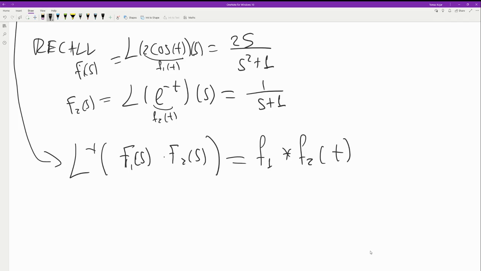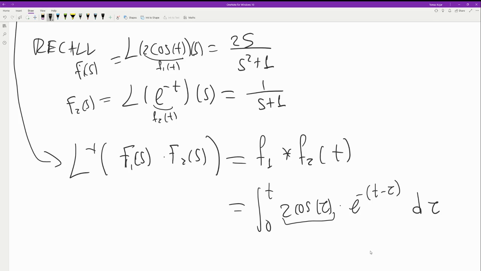Okay, so 0 to t, 2 cosine tau times e to the minus (t minus tau) d tau, same as in the book.